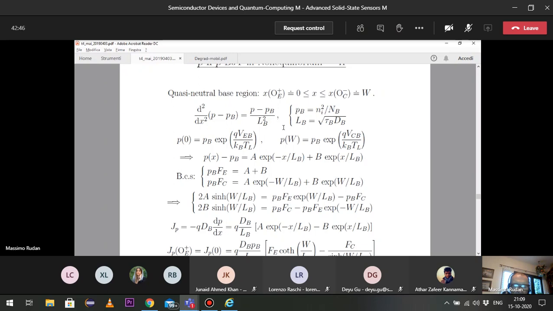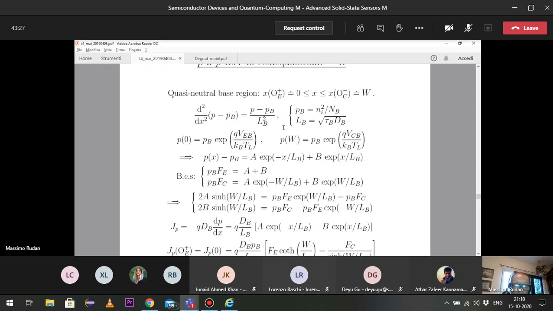It is very easily solved because if you multiply the first equation by the exponential of W over LB, and then you subtract the second equation from the first one, you obtain that 2A times the hyperbolic sine of W over LB is equal to Pb Fe exponential of W over LB minus Pb times Fc.